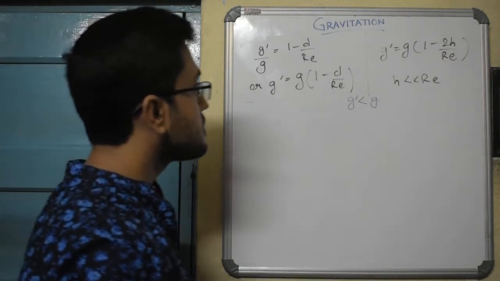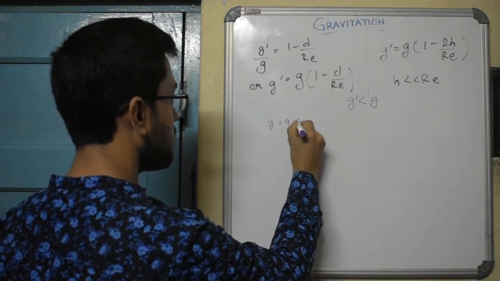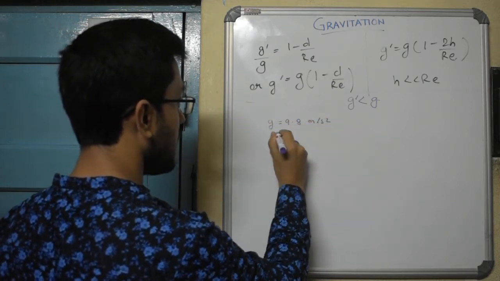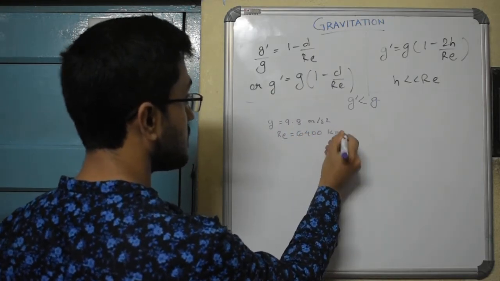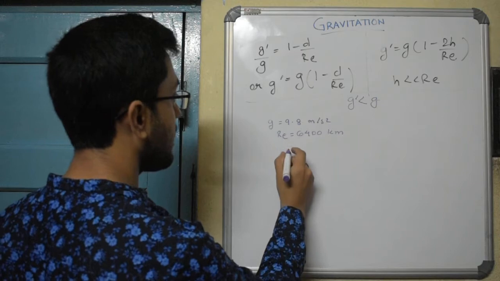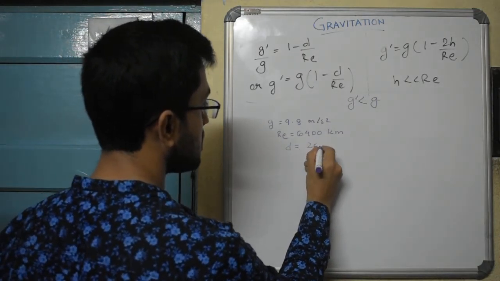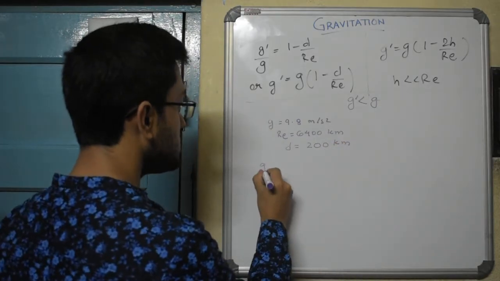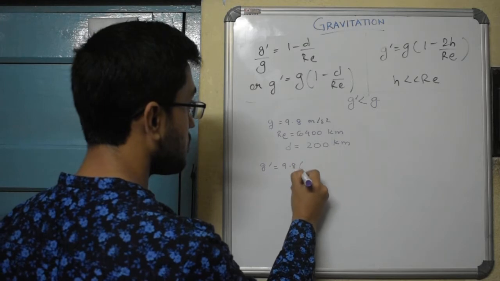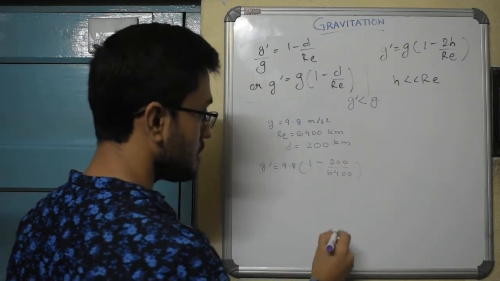Now that you know this, g is already 9.8 meters per second square, and radius of Earth is known to be 6400 kilometers. Let us find out what is the value of g when depth is equal to, say, 200 kilometers. g dash will be 9.8 into 1 minus 200 kilometers by 6400 kilometers.